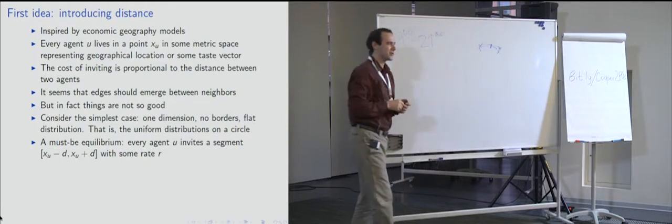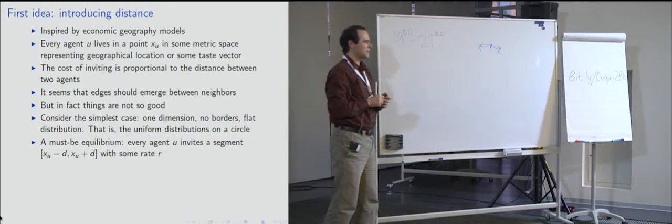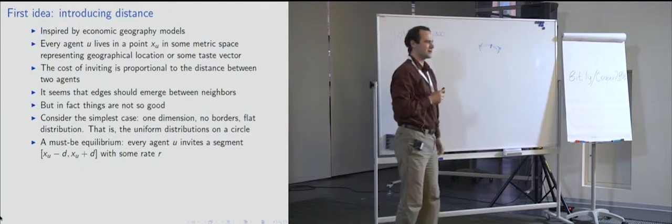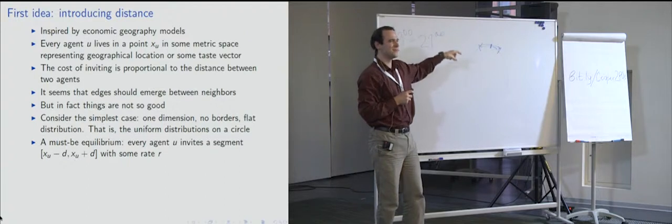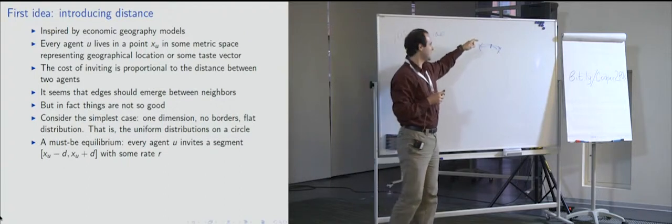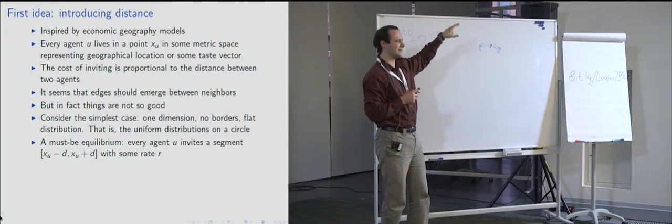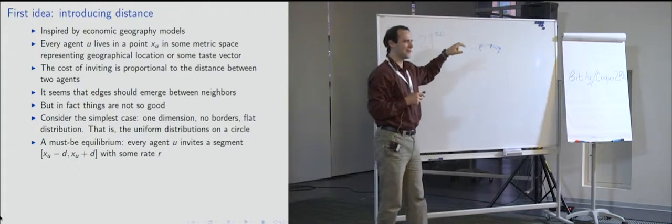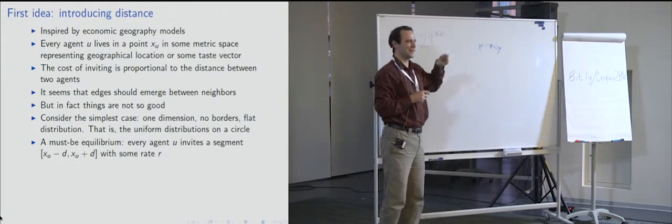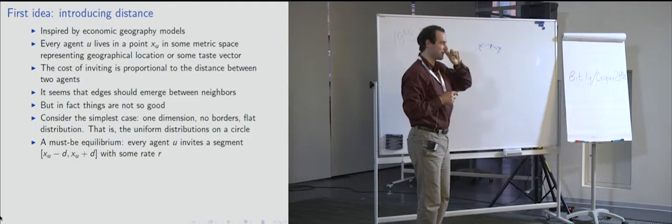But this intuition is wrong, because if two agents live close to each other, then they would be invited together to many other gatherings, and that's why they do not have an incentive to invite each other, because they already have an edge between them.